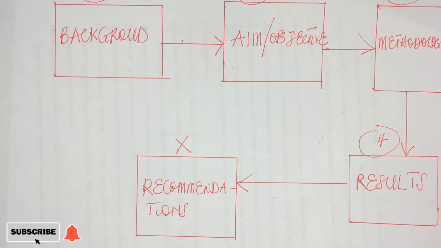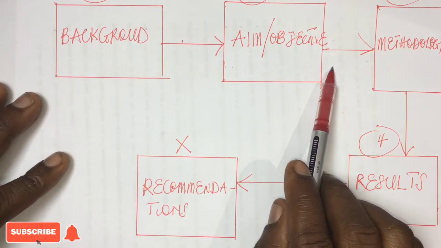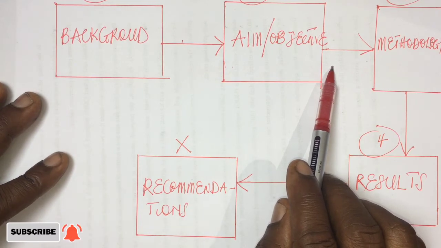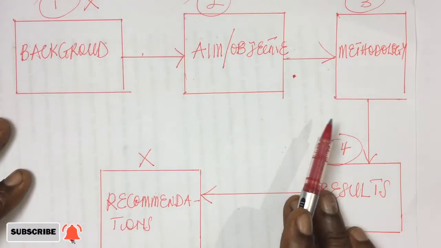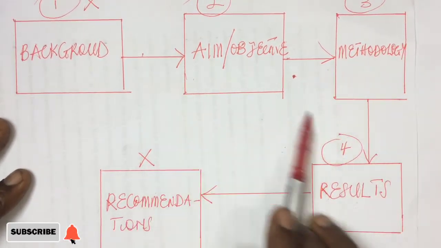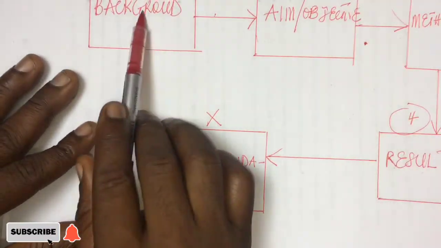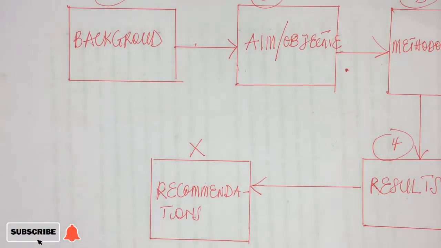But if you choose to omit them, then make sure you don't omit the aim/objectives, the methodology, and the results. These three are very, very important. You can't do without them in your abstract. But these two are important, but some people choose not to put them. So what should someone see from your abstract?